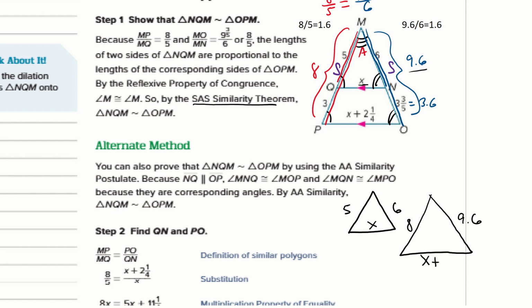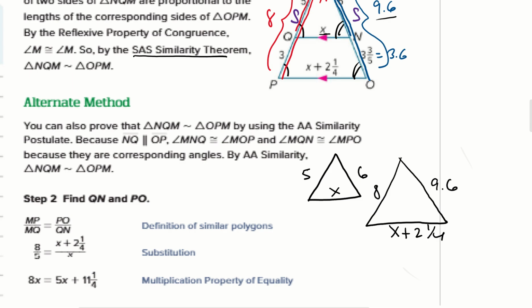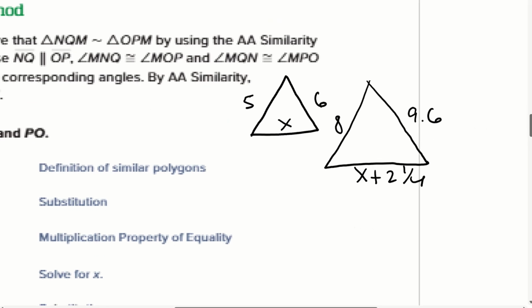And then x plus 2 1/4. We want to solve for x. We can see that x matches up with x plus 2 1/4. Let's write this as a decimal. 2 1/4 is 2.25. So x is to x plus 2.25 as 6 is to 9.6, or you could say 5 is to 8, either one. Let's do 5 is to 8.